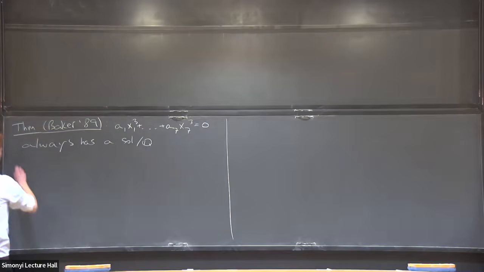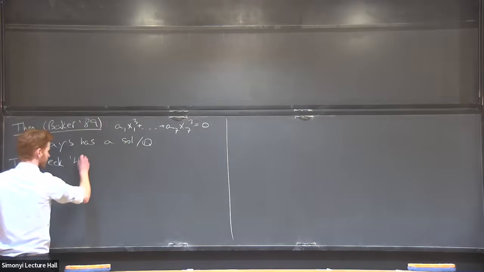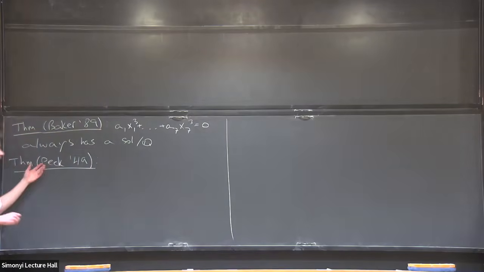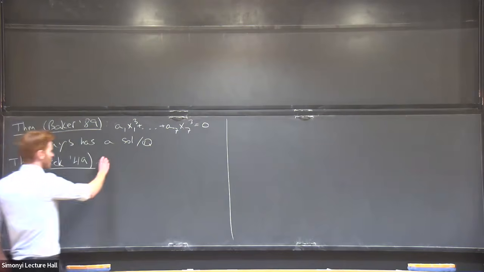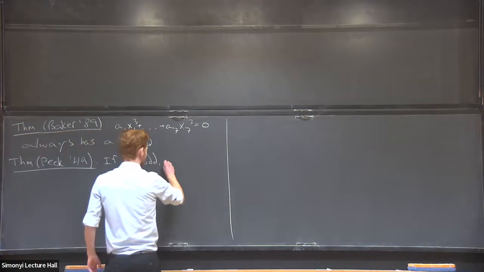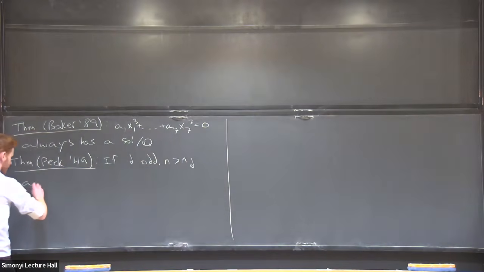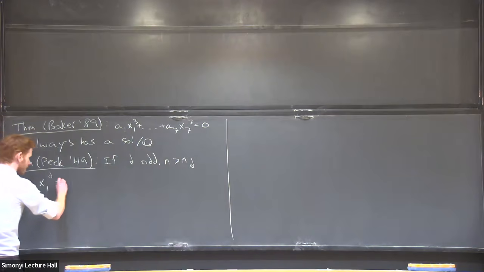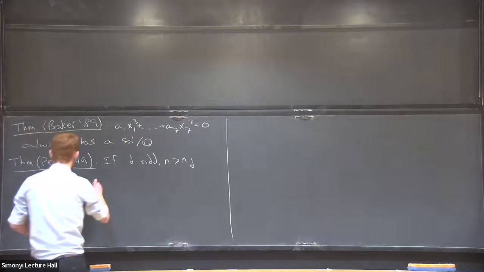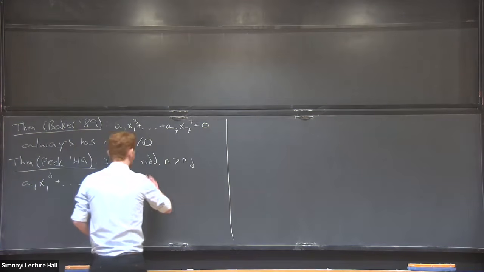Okay. So this is in degree 3. Here's a more general result of Peck from '49. Maybe the attribution should be earlier, but this is the earliest attribution I found. So Peck shows that if D is odd, and n is sufficiently large, depending on the degree, then a diagonal form of degree D always has a Q solution.